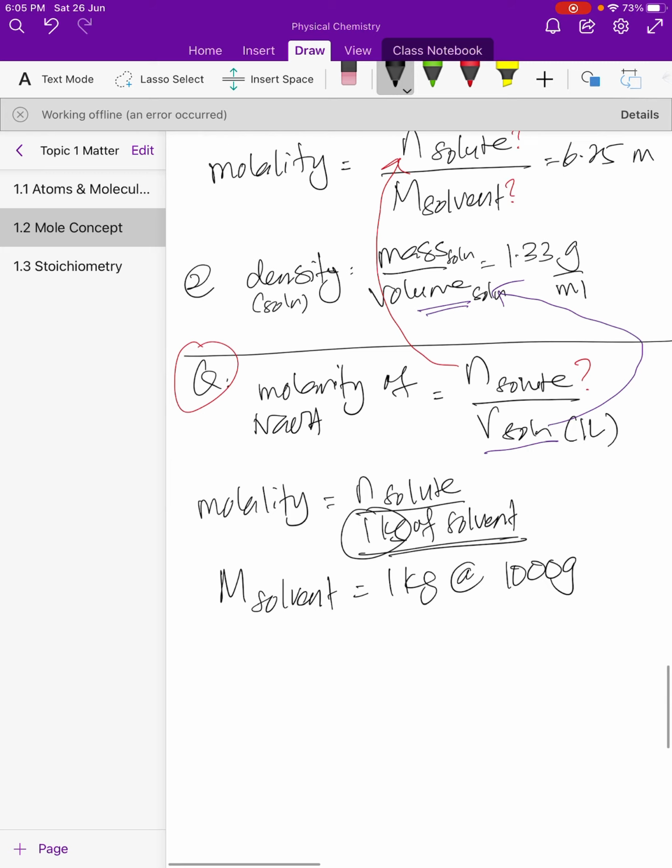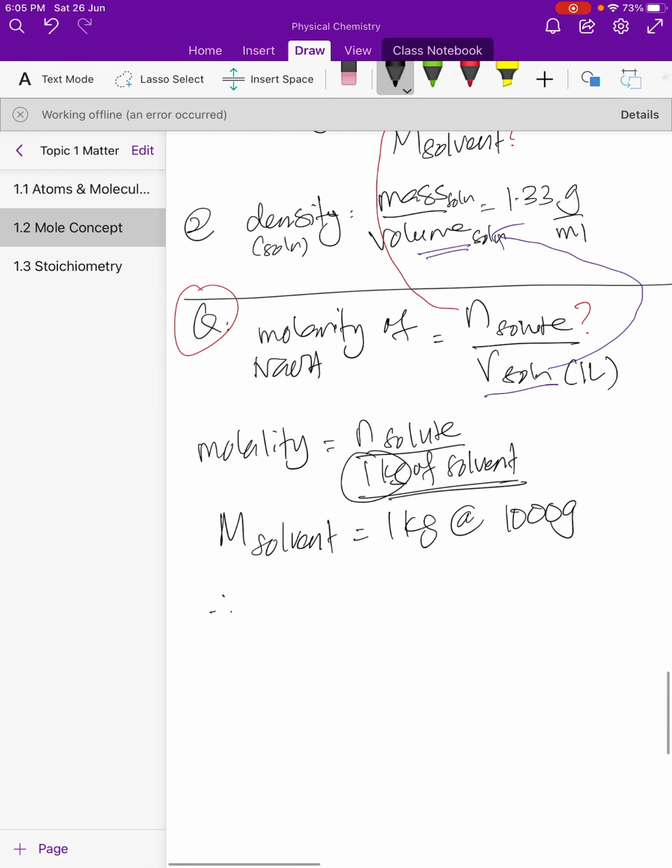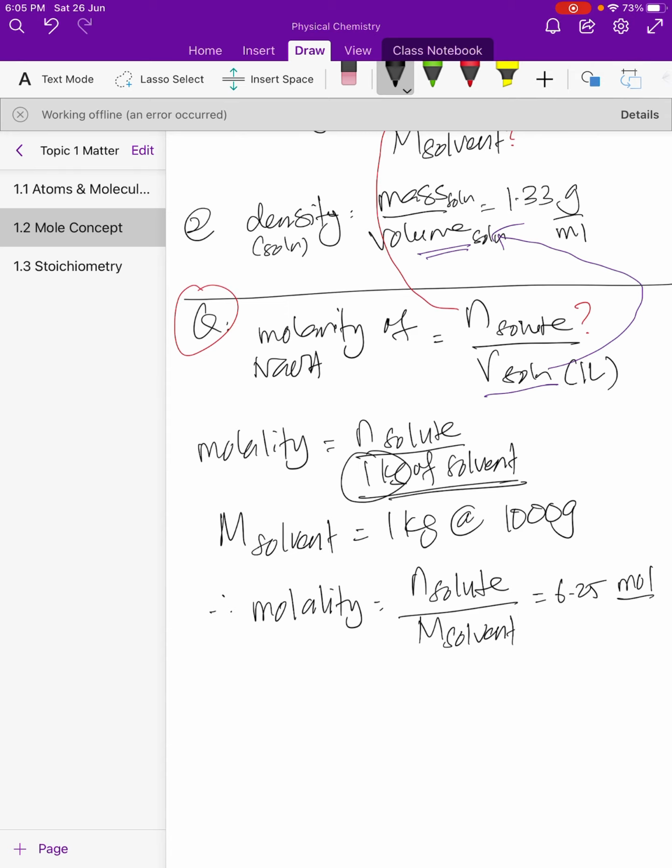That means if I take molality, mole of solute divided by mass of solvent, which is 6.25 molal or mole per kg.